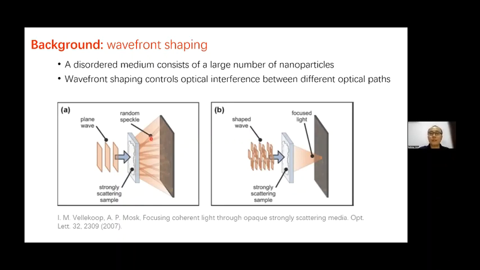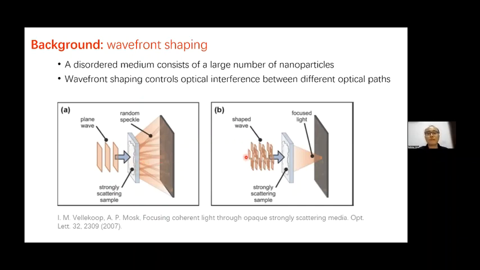Wavefront shaping was previously developed to control light scattering through a disordered medium. A disordered medium consists of a large number of nanoparticles, so that there are many optical paths for the light to go through the disordered medium to reach a target position.